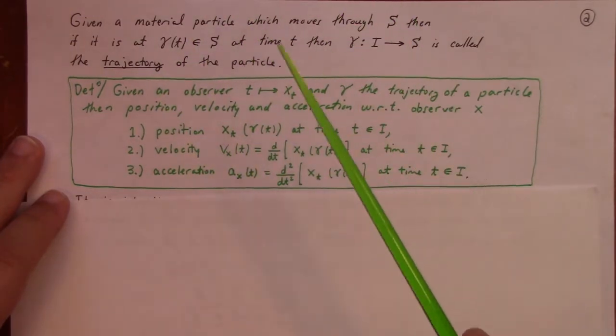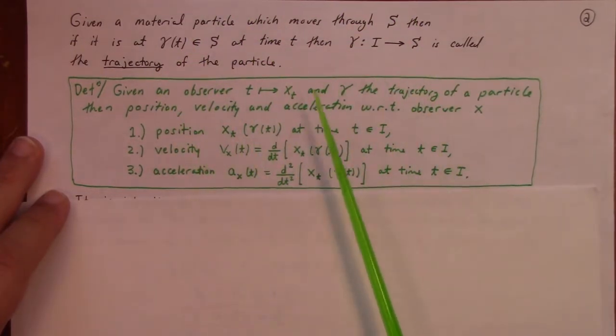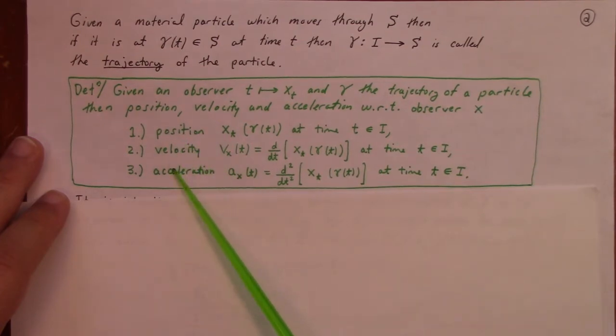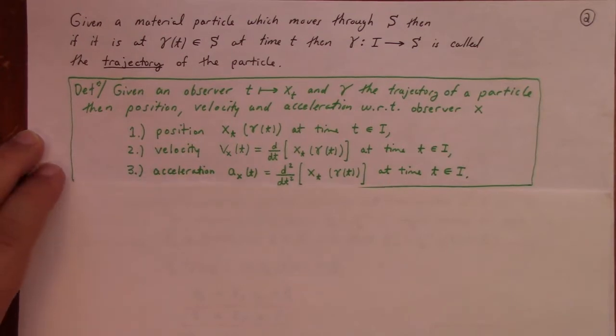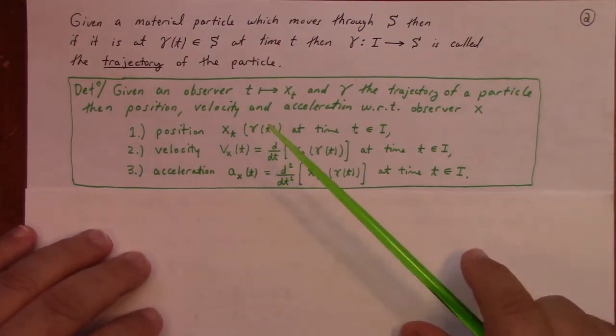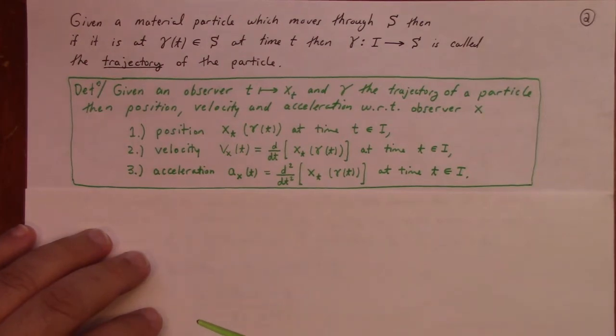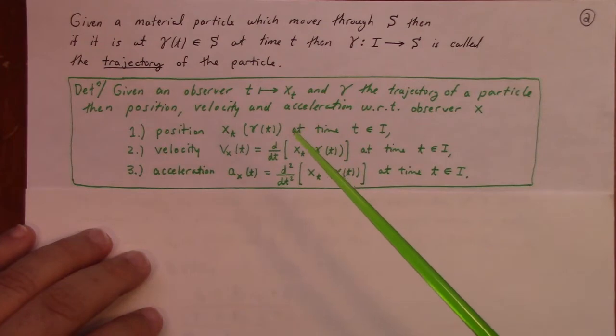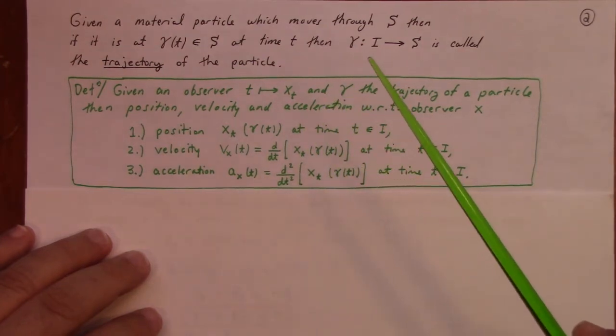You can calculate, with respect to a given observer, the position, the velocity, the acceleration. And this gets underplayed sometimes in introductory physics, but it is an inescapable fact that position, velocity, and acceleration are always made with respect to an observer, with respect to a choice of coordinate system, right?